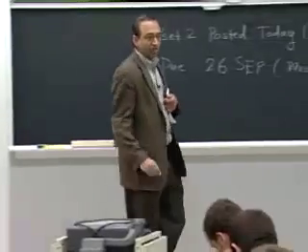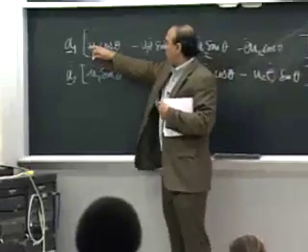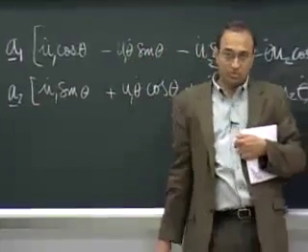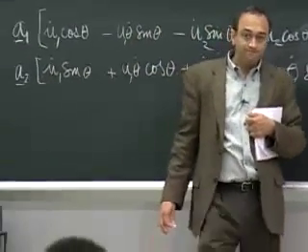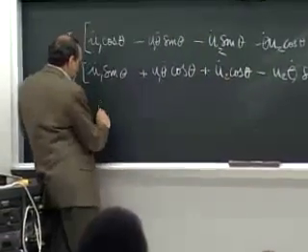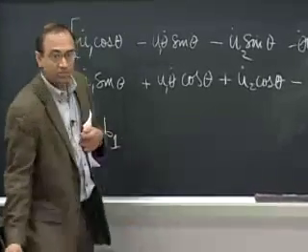Is there some scope to write this in terms of B1 and B2? What is U1 dot A1? What is A1 cosine theta plus A2 sine theta? B1. So this is U1 dot B1. What else?